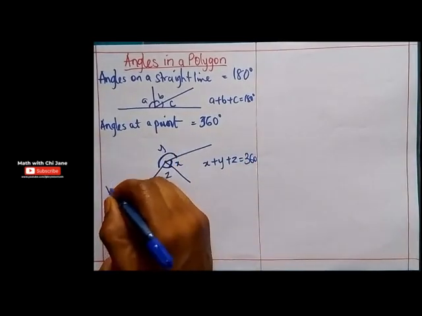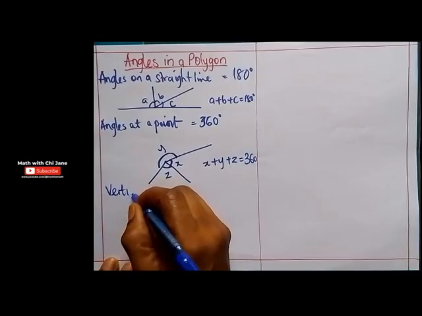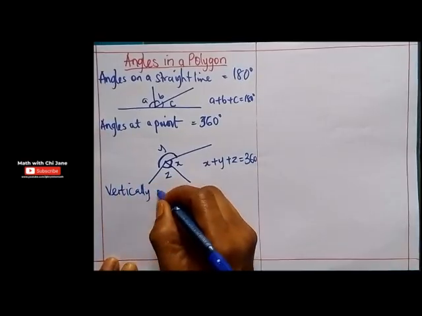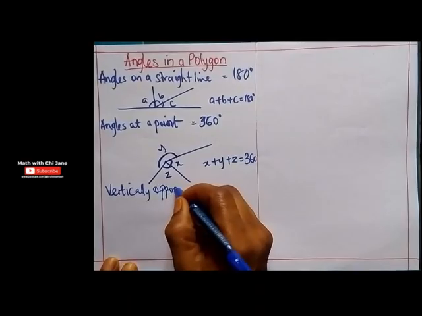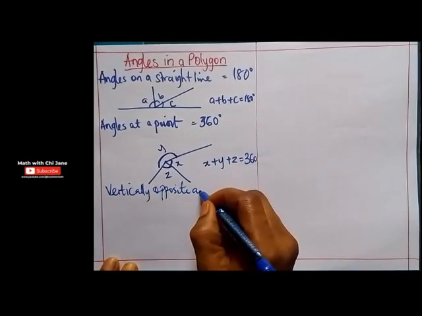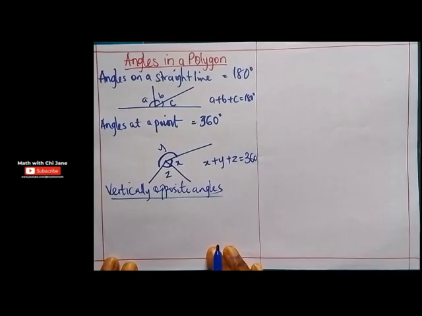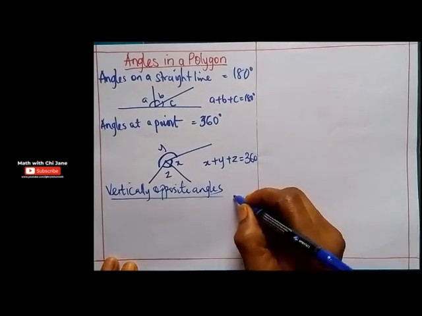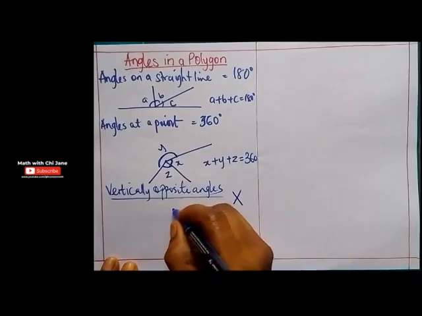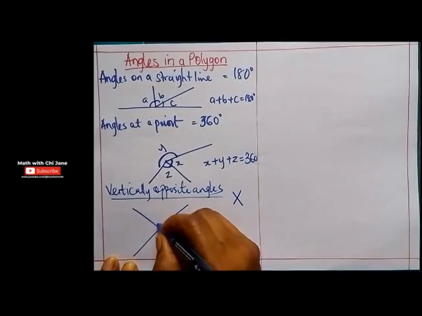Now the next one we're going to talk about is vertically opposite angle. I name this angle X. Vertically opposite angle, I name it letter X, meaning they face each other.